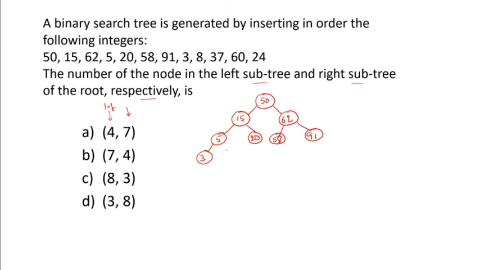Then 8, 37, 60, which is greater than, and 24. If you are looking for 24, it is something like this. So 1 2 3 4 5 6 7, so 7 on the left, and 1 2 3 4 on the right. So this one is the answer.